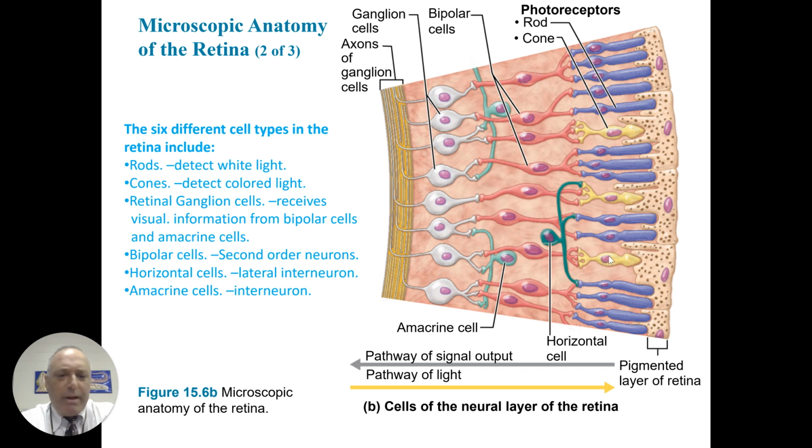So the pathway of signal transduction is the opposite of the pathway of light. So light comes in, bounces off this retina, is absorbed, and activates these rods or cones on the very end of the retina. And then signal transduction is going to go the opposite direction towards the optic nerve.